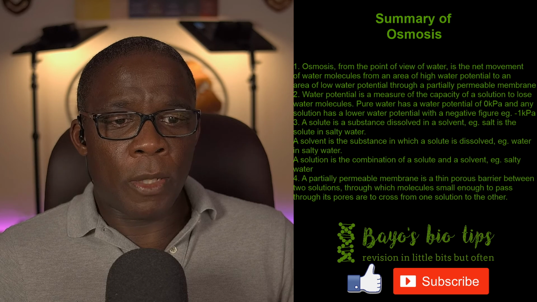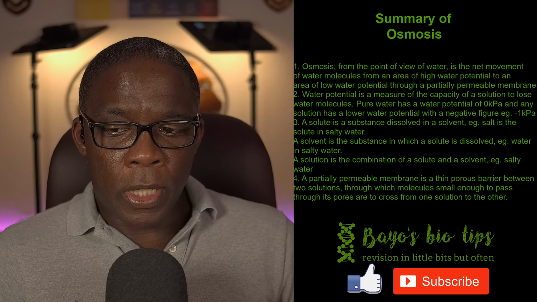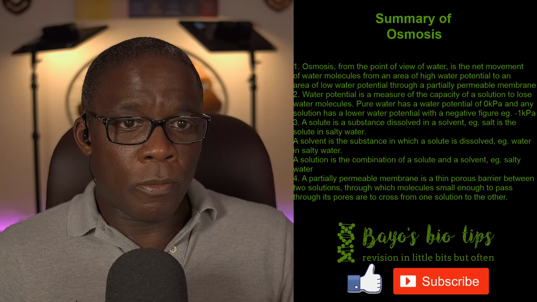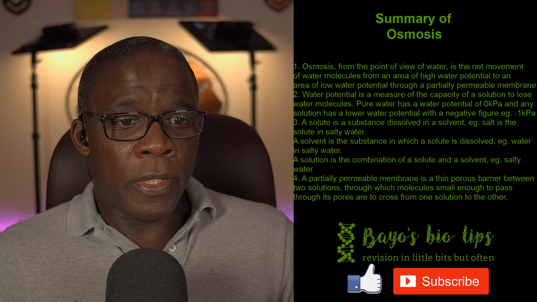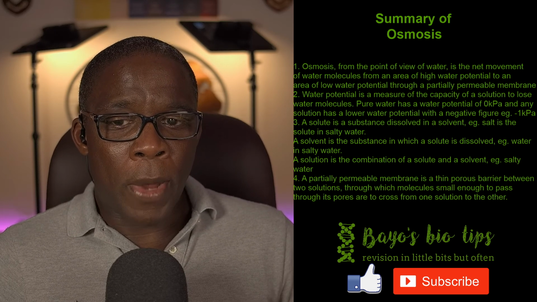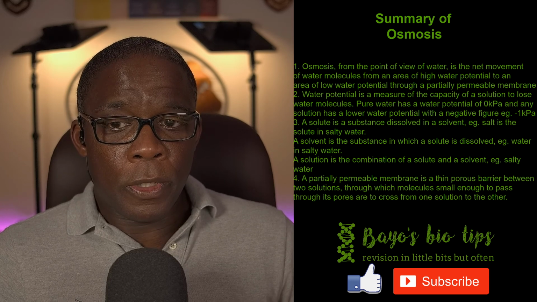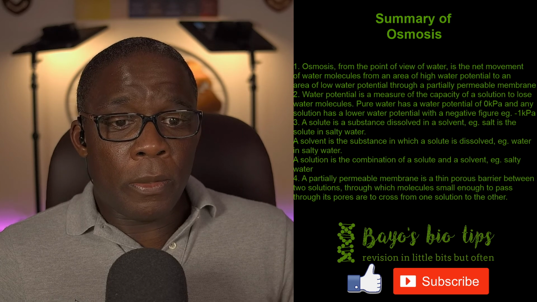And then we talked about partially permeable membranes. And as I said just before I looked back at diffusion, a partially permeable membrane is a thin porous barrier between two solutions, for instance, a plasma membrane within a cell.